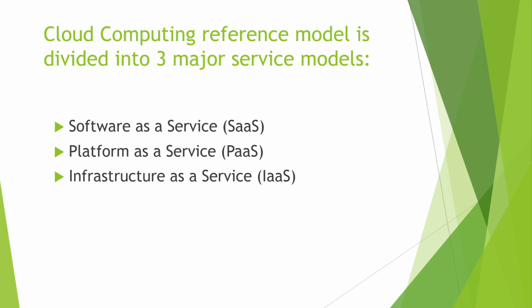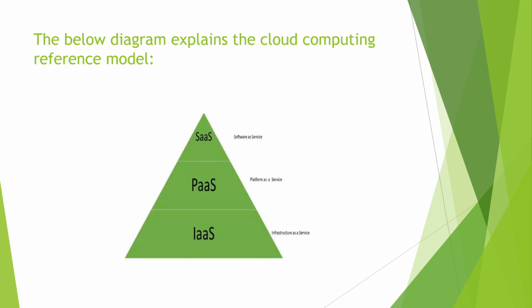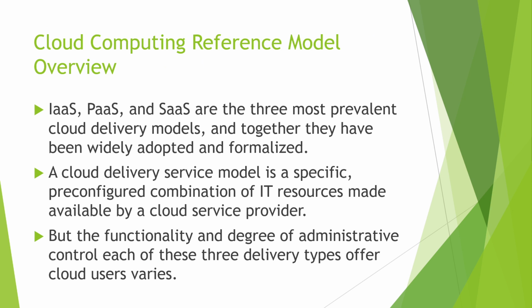Cloud computing reference model is divided into three major service models, that is software as a service, platform as a service, infrastructure as a service. This below diagram explains the cloud computing reference model. Cloud computing reference model overview: IaaS, PaaS, and SaaS are the three most prevalent cloud delivery models, and together they have been widely adopted and formalized.